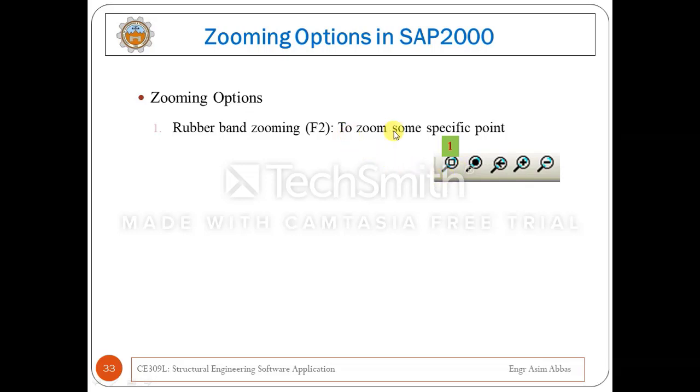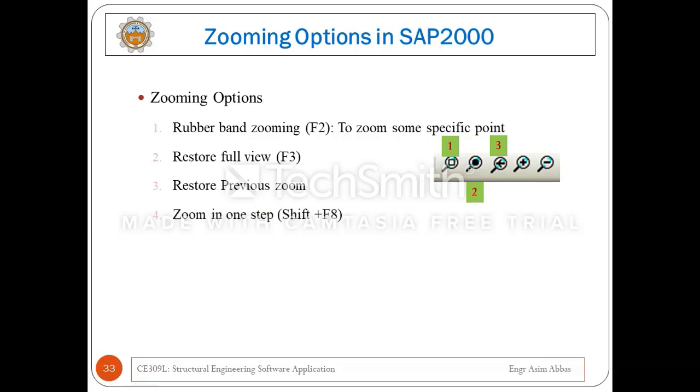And the second zoom option is restore full view, and this is shown by this icon, and in this option you can restore full view, right? And the third one is restore previous zoom, and this is shown by this particular icon. In this option you can restore any previous zoom. Fine.